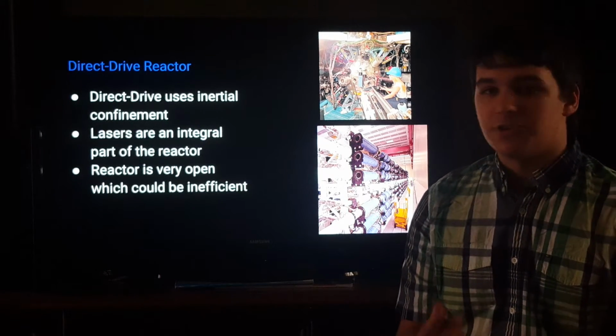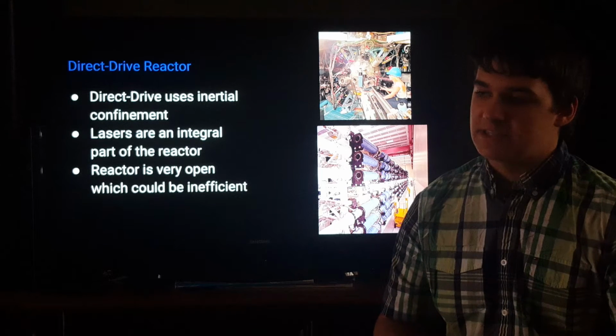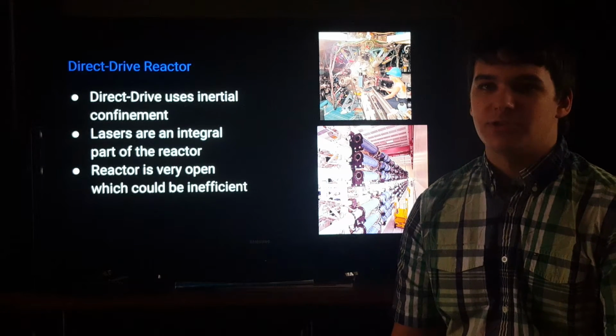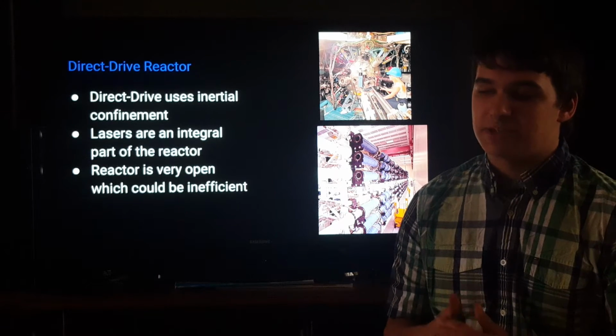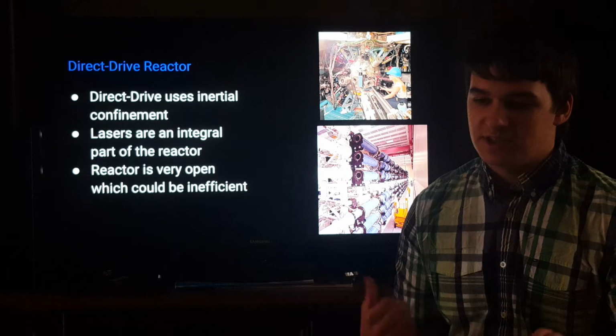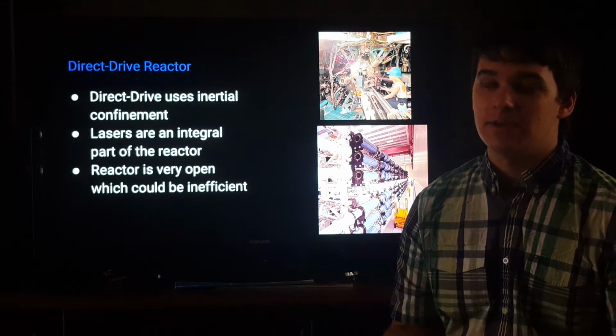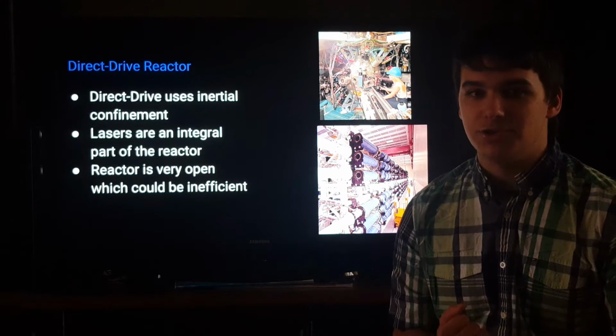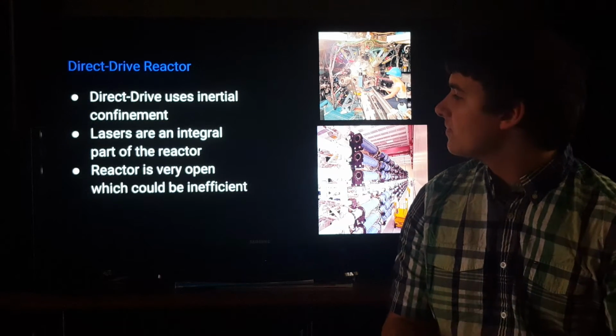Inertial confinement means that the lasers will shoot at the deuterium and tritium. This causes an explosion along the outside, and the explosion on the outside forces the deuterium and the tritium inward, and this inertia is what holds the fusion reaction together.